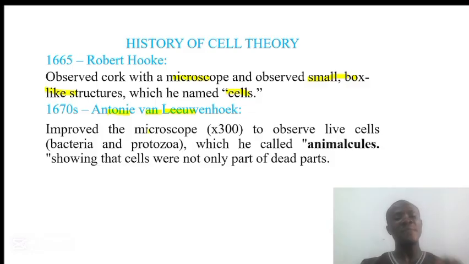It is Anthony van Leeuwenhoek that improved on the microscope, which can increase the size of an object 300 times its original size. He observed a living cell, which he called animalcules. These animalcules are what we know today as bacteria and protozoa. So what Anthony van Leeuwenhoek observed was living, but what Robert Hooke observed was not living.